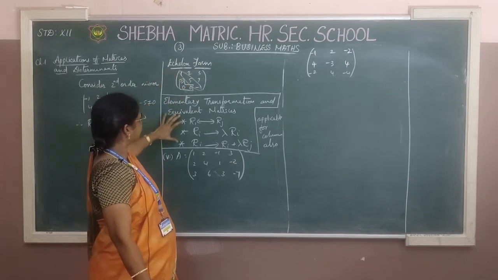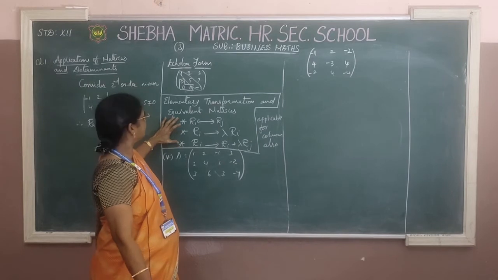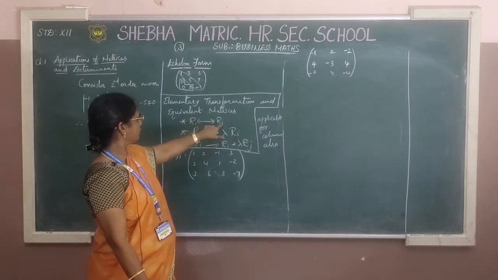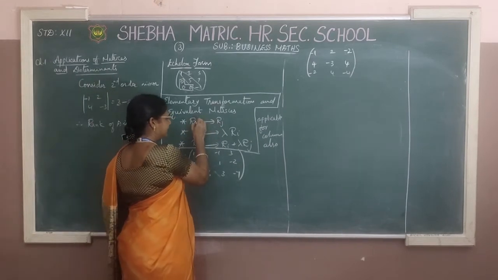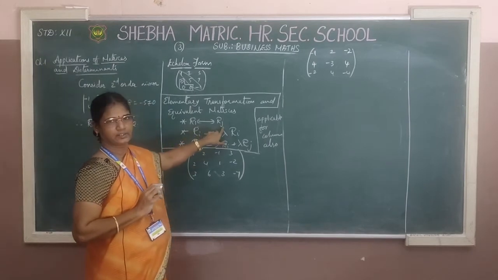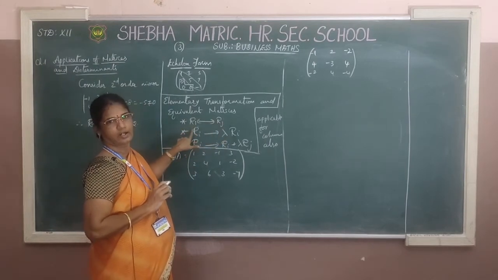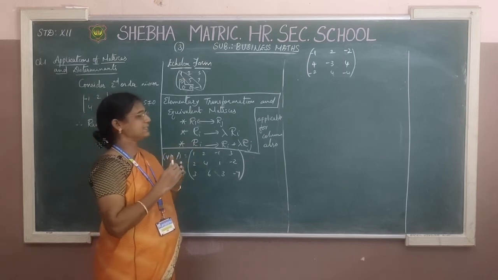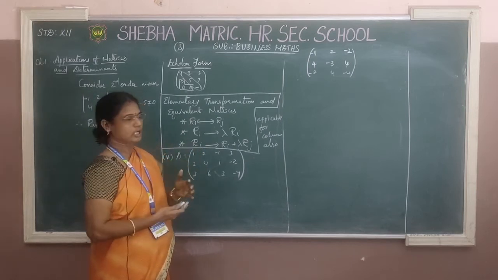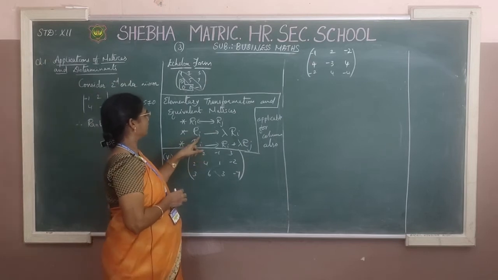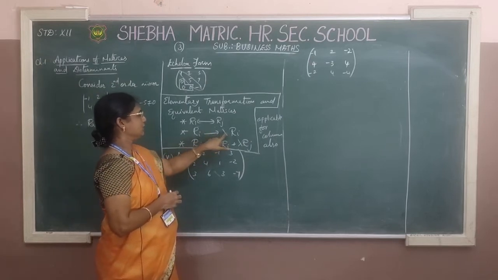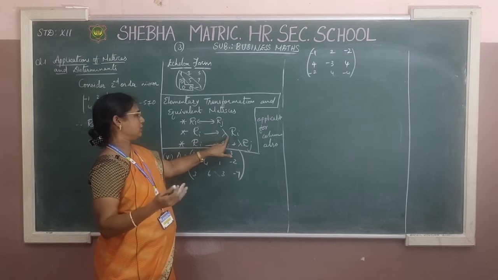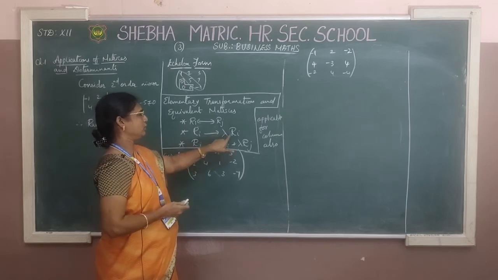For this, they are given 3 rules. The first one is R1 to R2 or in general Ri to Rj or Rj to Ri. The next one, that means what? We can interchange any 2 rows or any 2 columns. The next rule is Ri gives lambda Ri, lambda is some scalar not equal to 0.